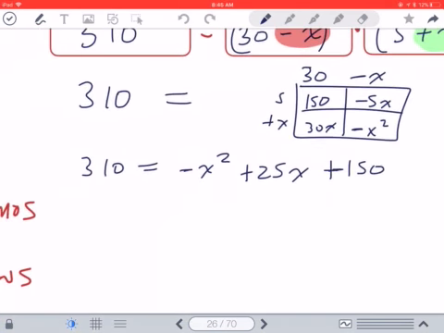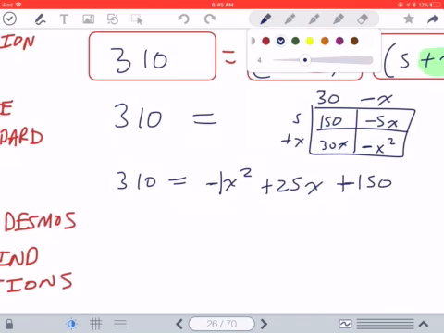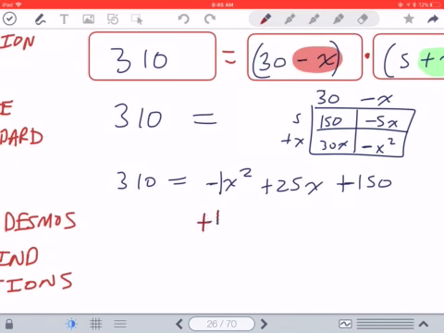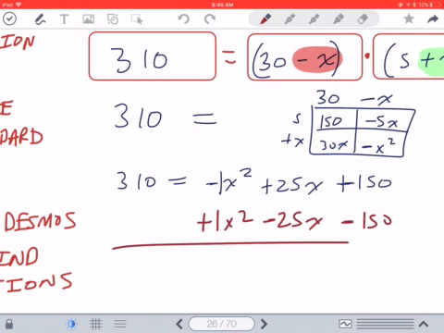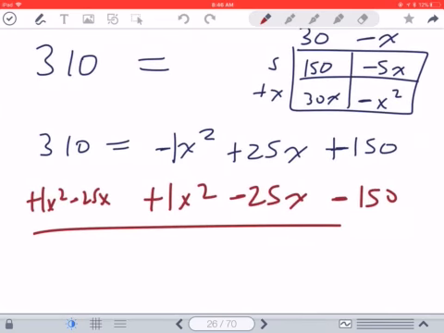Okay, what I'm going to do is I'm going to move things around a little bit, get them all to the same side so that my a value is positive. So right now my a value is negative 1. I want to move that over and make it positive. So I'm going to add 1x squared, subtract 25x, and I'm going to subtract 150. Okay, so I get on this side 1x squared minus 25x, and then minus 150.